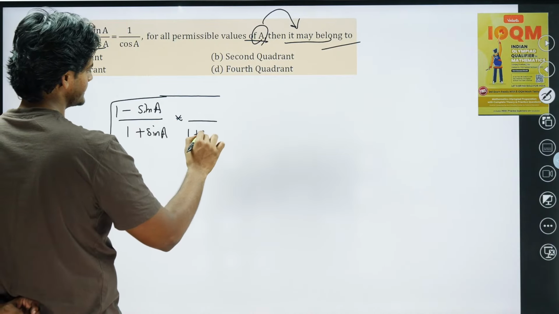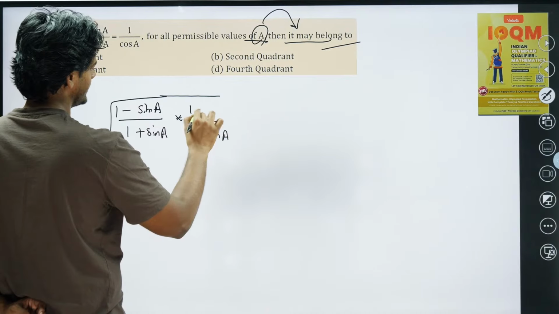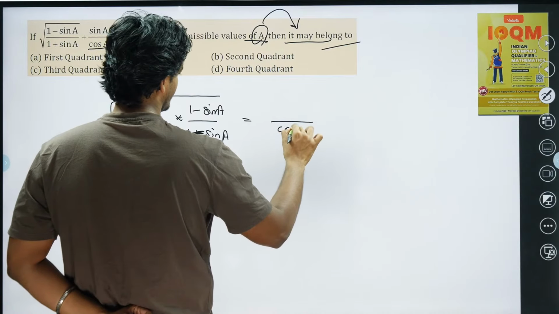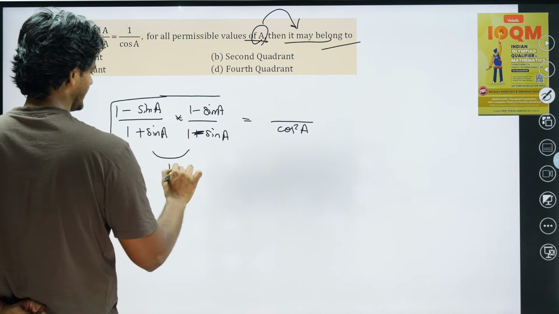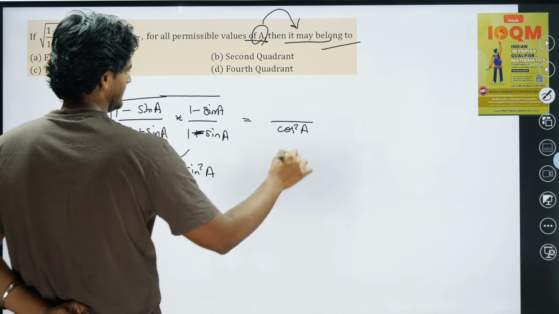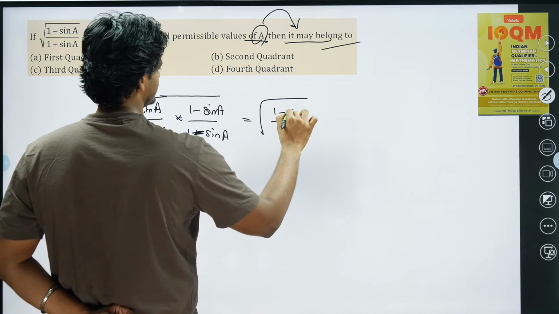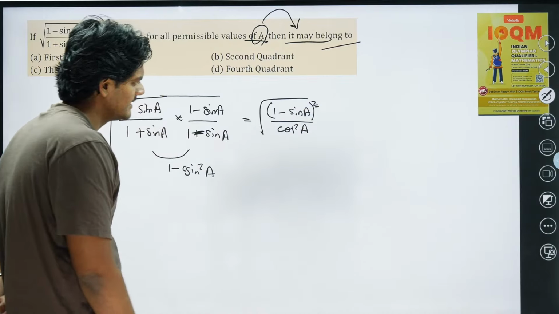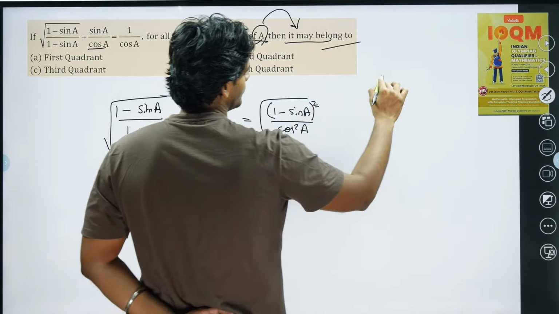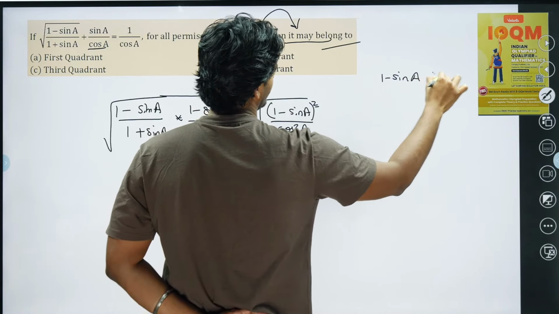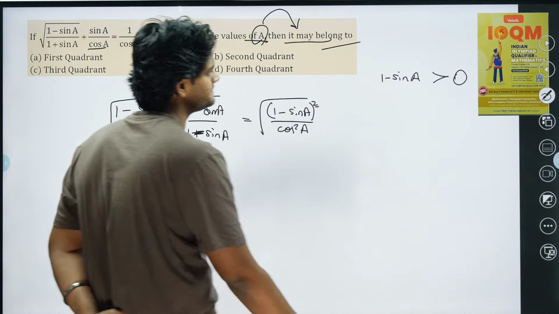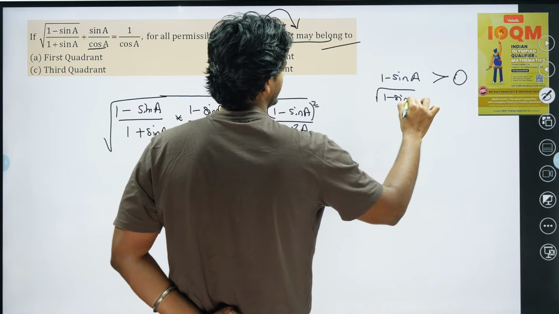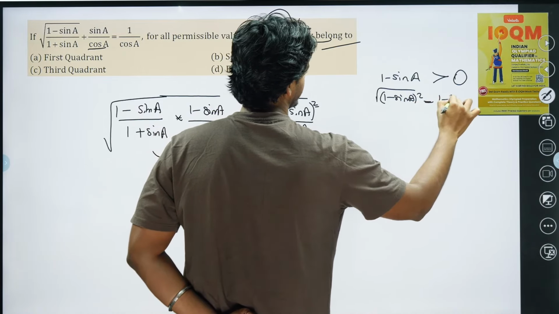If I multiply 1 minus sine A and 1 minus sine A, the denominator becomes cos square A, because this will be 1 minus sine square A, and the numerator becomes 1 minus sine A whole square. When I take the square root, 1 minus sine A is always positive, so the square root of 1 minus sine A whole square is simply 1 minus sine A.